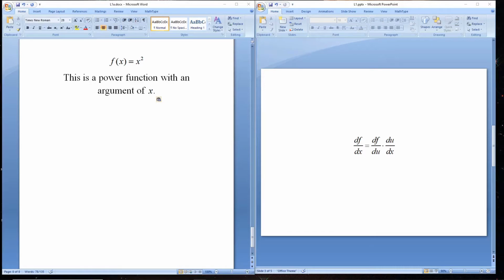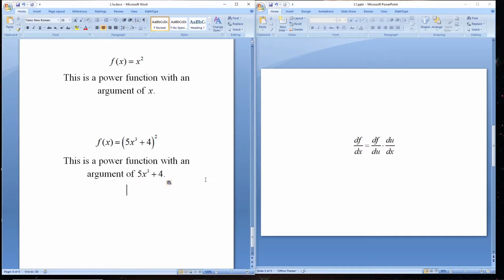Now you may be thinking, well, isn't that called the variable or the input? It is, but compare that to this next example. Here is another power function. Now we have a power function inside a power function. And we would say this is a power function with an argument of 5x cubed plus 4.